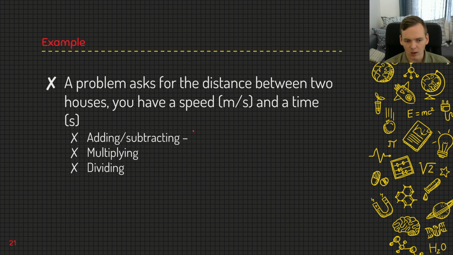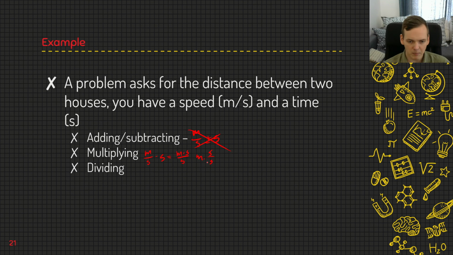So first of all, if I tried to add these together, or if I tried to subtract them, we see that these don't match, so it's not going to work. I'm not going to be adding speed and time together. If I multiply speed times time, then we see that that will give me meters times seconds per second, or in other words, meters times seconds over seconds.